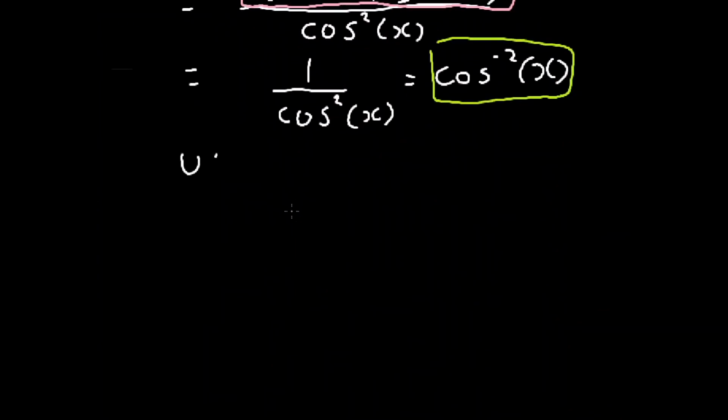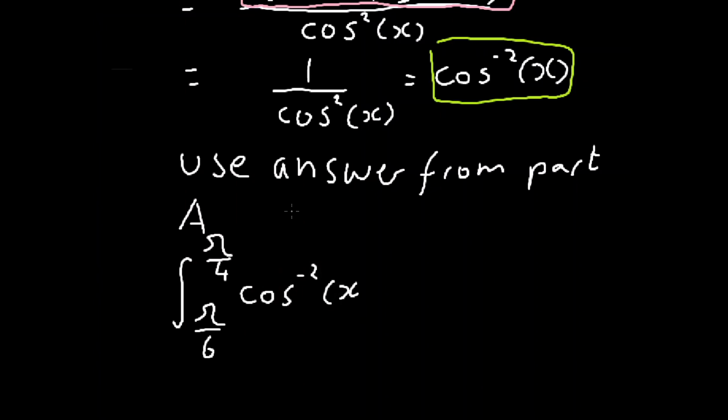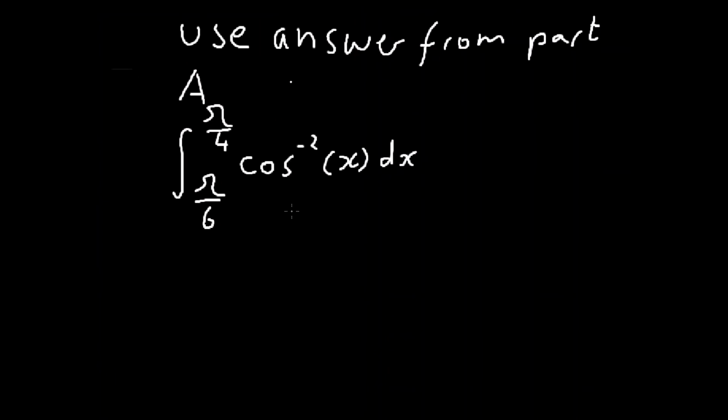So use answer from part A, and we can say that this integral from pi on 6 to pi on 4 of cos minus 2x dx is equal to tan of x.